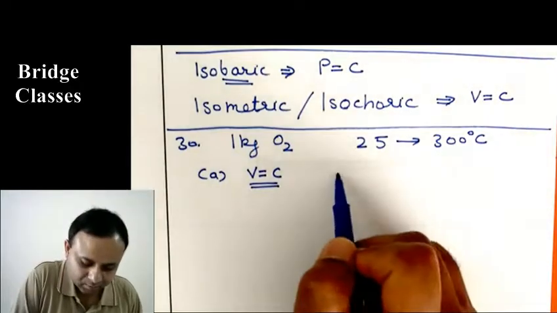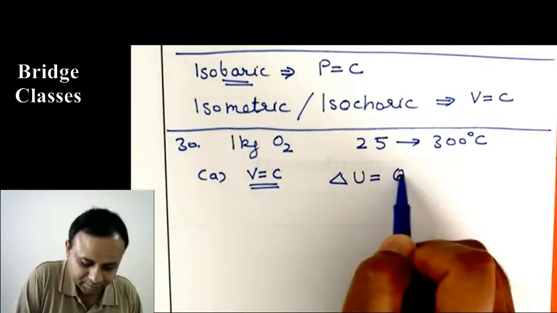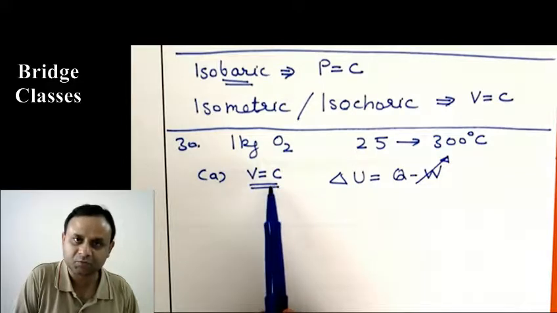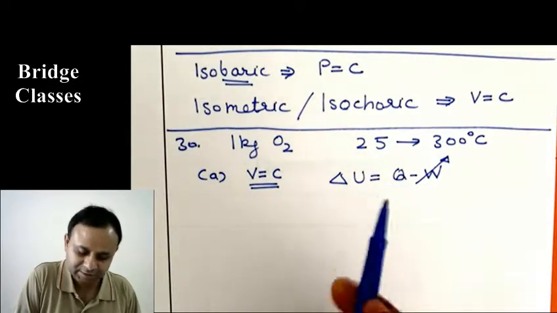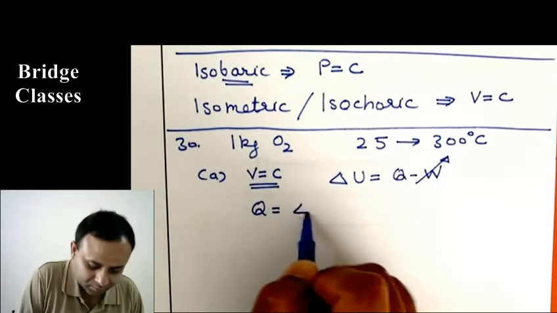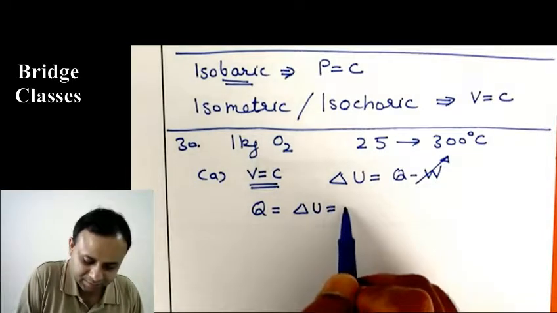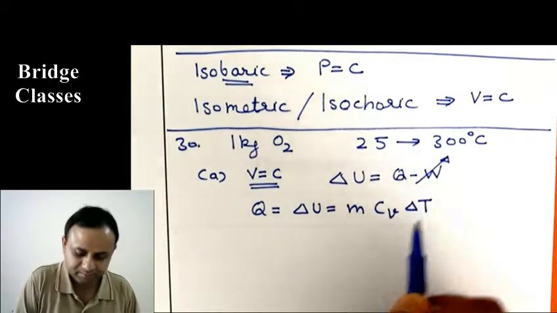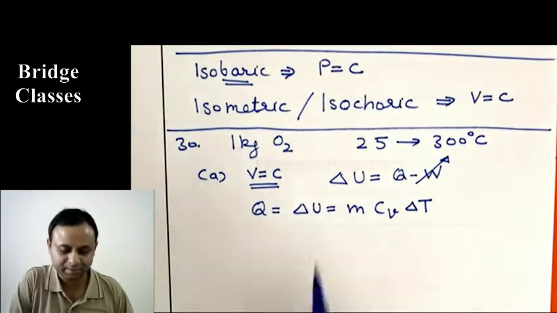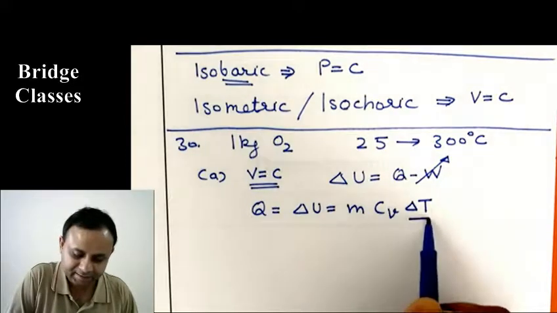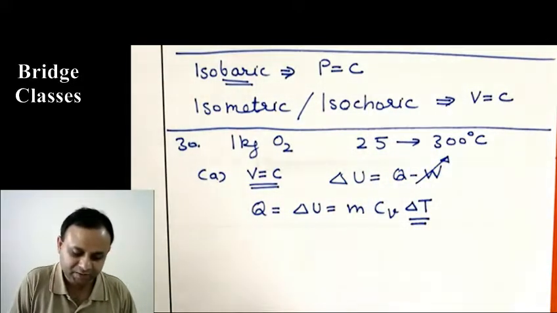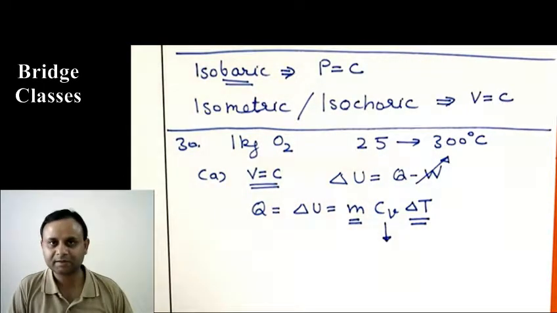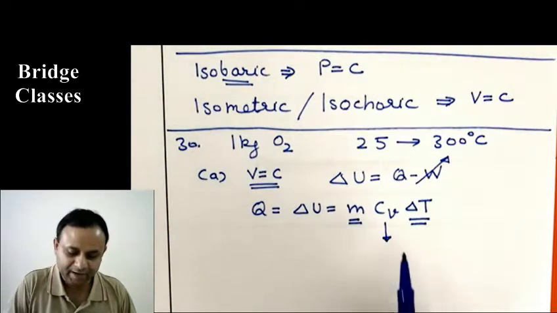You apply the first law, delta U is Q minus W, and there is no work involved because the boundary does not move, it is constant volume. So Q is just delta U, which, since it's an ideal gas, you can write as m Cv delta T. This delta T is given, 300 minus 25, m is 1 kilogram, and Cv we can read from the table at the average temperature.